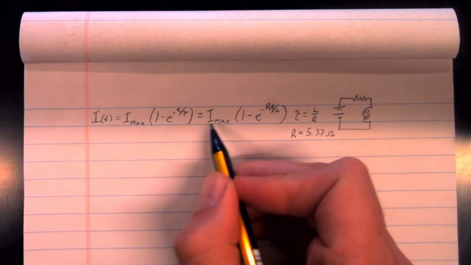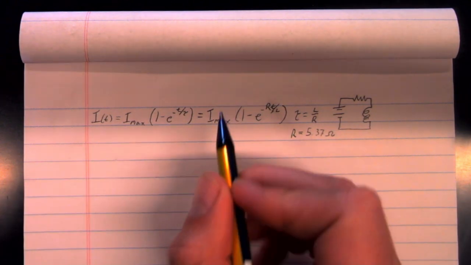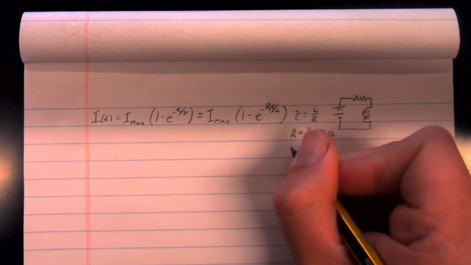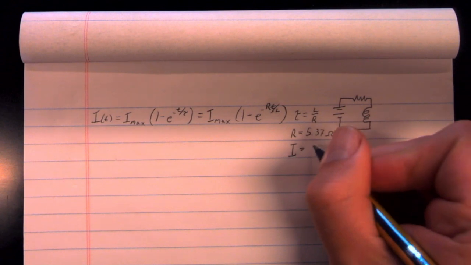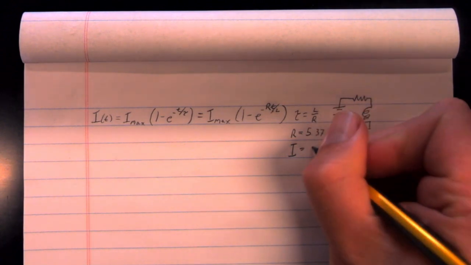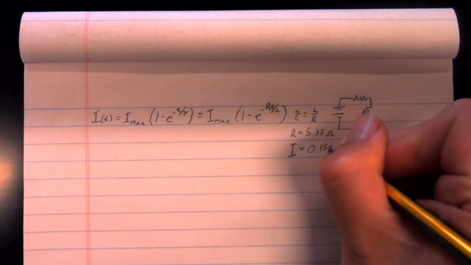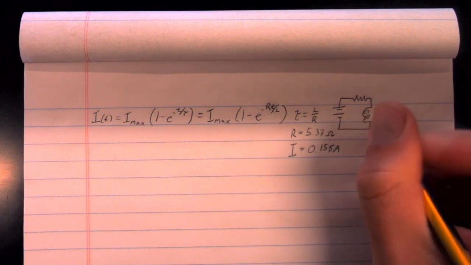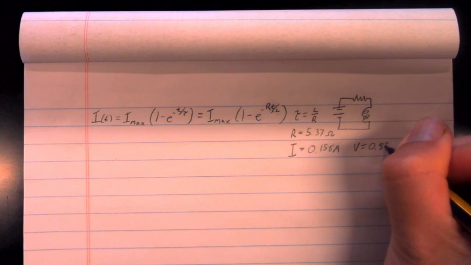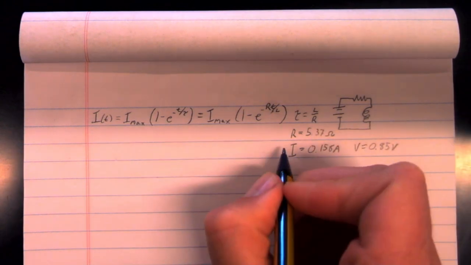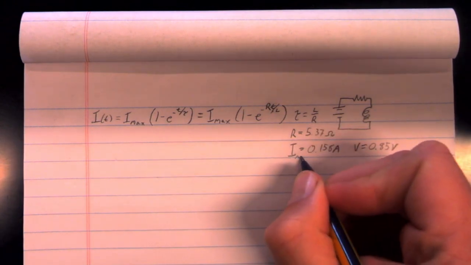I max is something we already have, from the data we used to calculate Ohm's law, which was 0.158 amps. And just for the sake of argument, our voltage was 0.85 volts, I believe. So this was our max. This is I max.